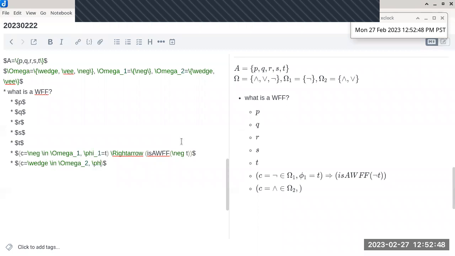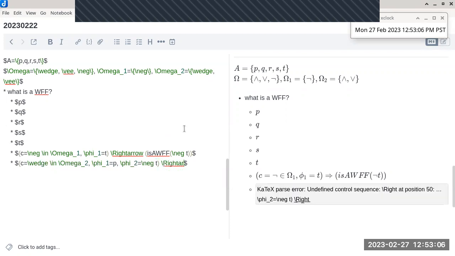And I'm going to choose phi 1 in this case to be P. And I'm so enthusiastic about the new well-formed formula that I made earlier, so I'm going to make phi 2 the negation of T. So the question now is, what can I make out of this that is also a well-formed formula?